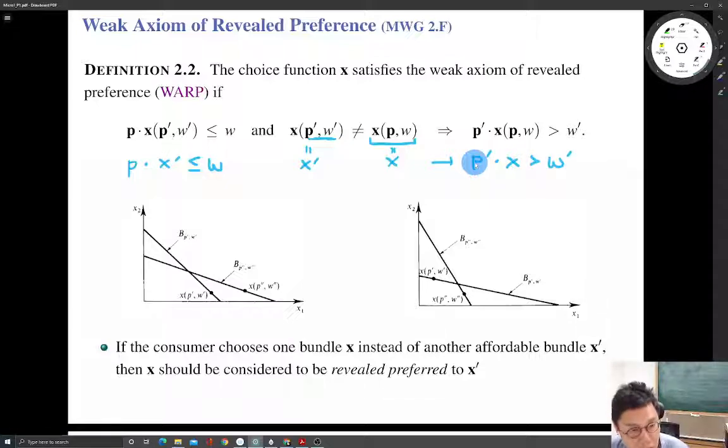Okay, and then the way to understand this statement is, piece of cake, because this inequality tells us, under the current budget set P and W, X prime is affordable.